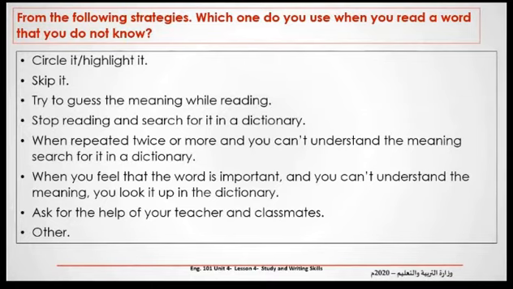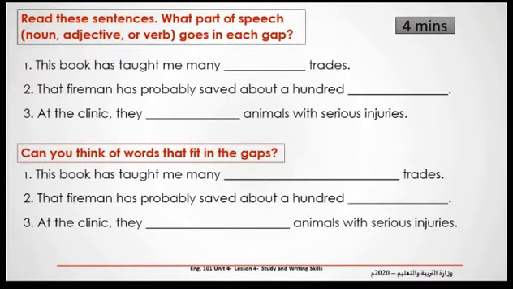Okay? Thank you for your discussion and comments. Now, let's look at this exercise. Read these sentences and think, what part of speech, I mean noun, adjective, or verb, goes in each gap?